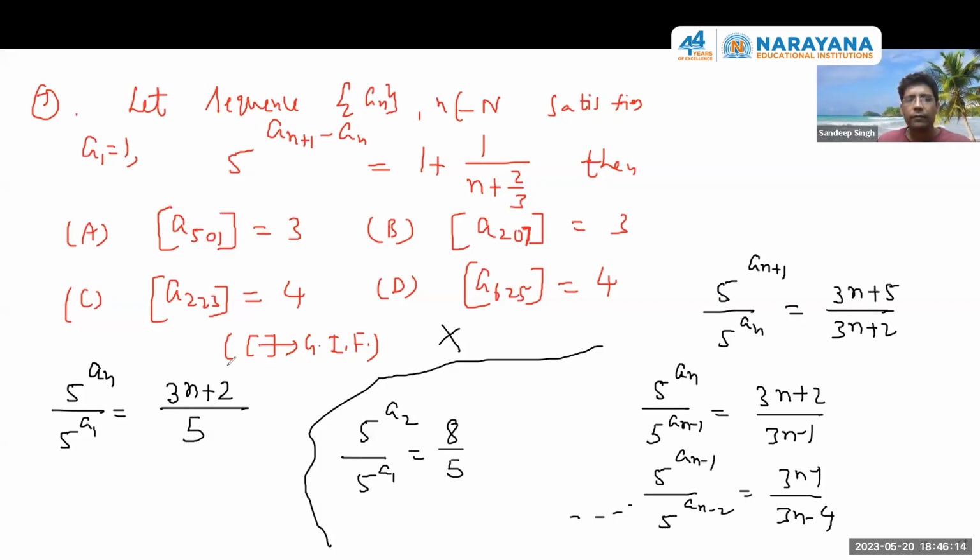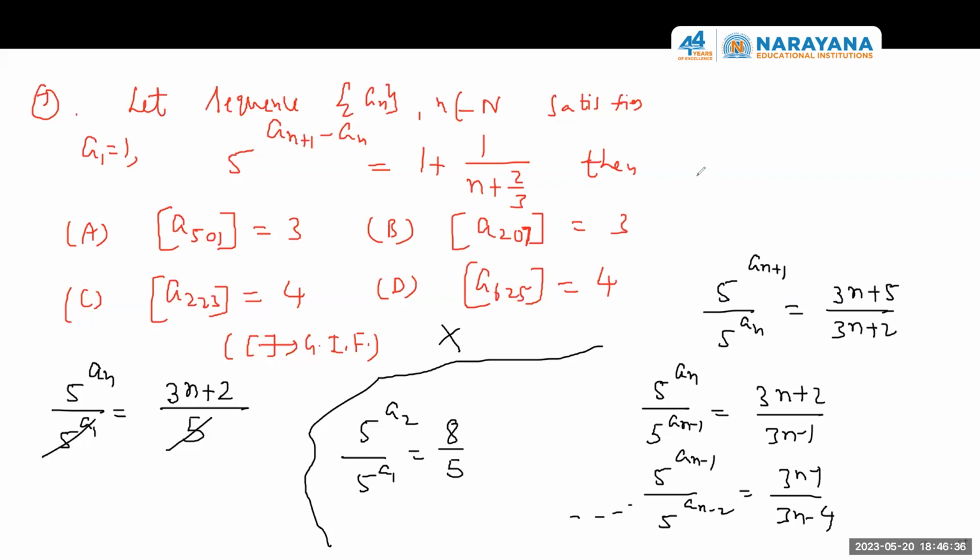And what is a1? A1 is 1, so I can cancel 5 power a1 and 5. I think all of you must be able to arrive at this step. Yes, ABD is correct. Is that clear now?